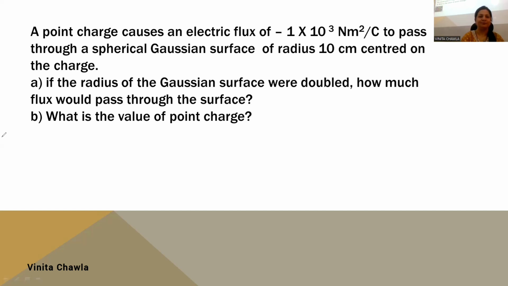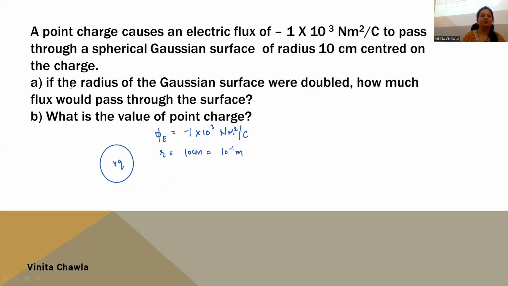So we have a point charge here and it produces an electric flux of -1 into 10 raised to the power 3 Newton meter square per coulomb. The radius of the Gaussian surface is given as 10 centimeters, so in SI unit it's 10 to the power -1 meter.